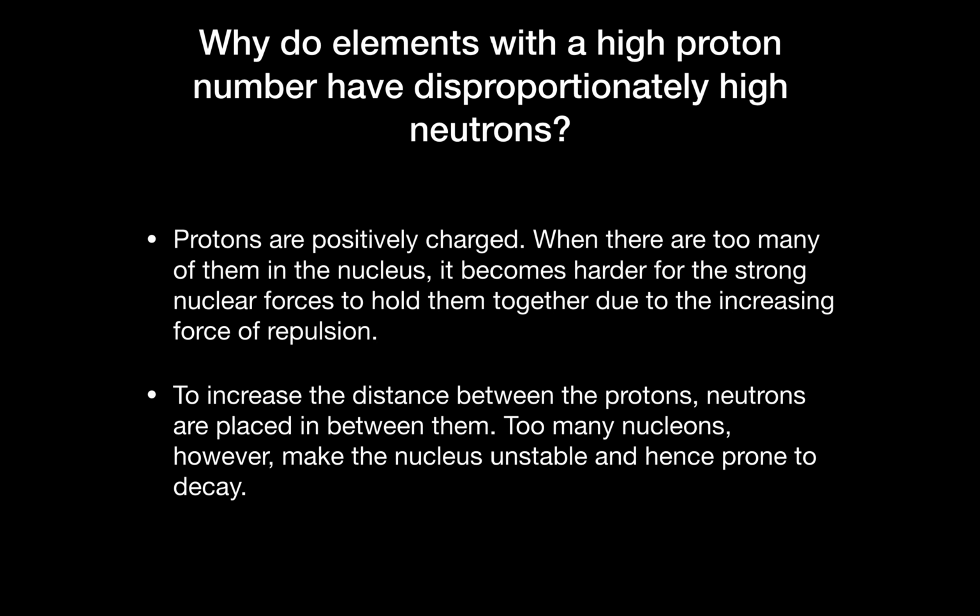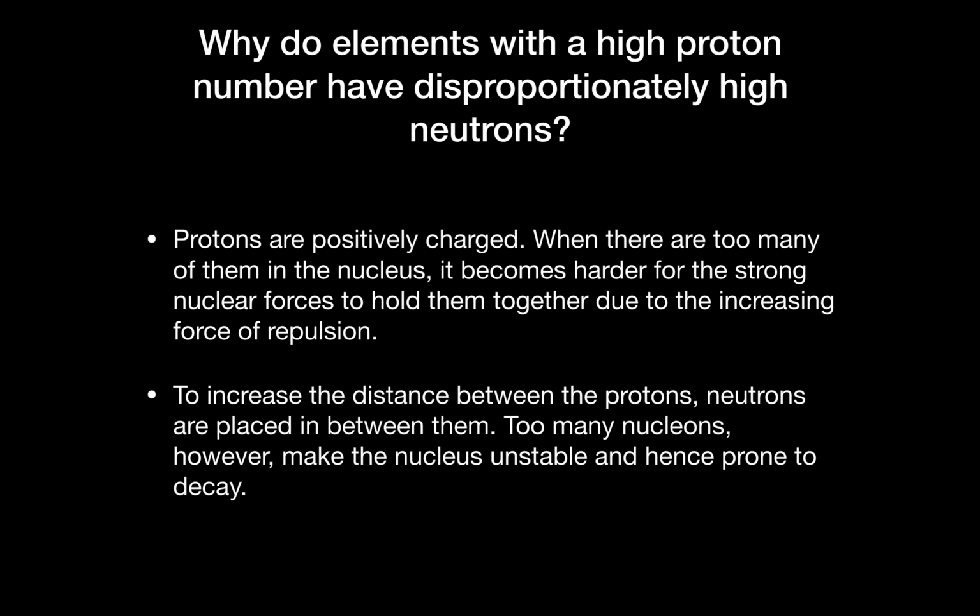So why do nuclei with a high number of protons tend to have a disproportionately high number of neutrons? By disproportionately, I mean much, much higher than the number of protons. We know by definition that protons are positively charged, right? When there are too many protons in the nucleus, they start to repel each other due to the electrostatic force of repulsion.